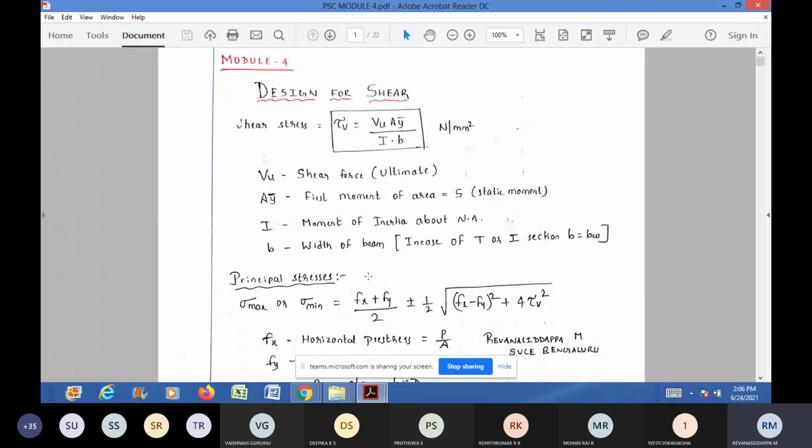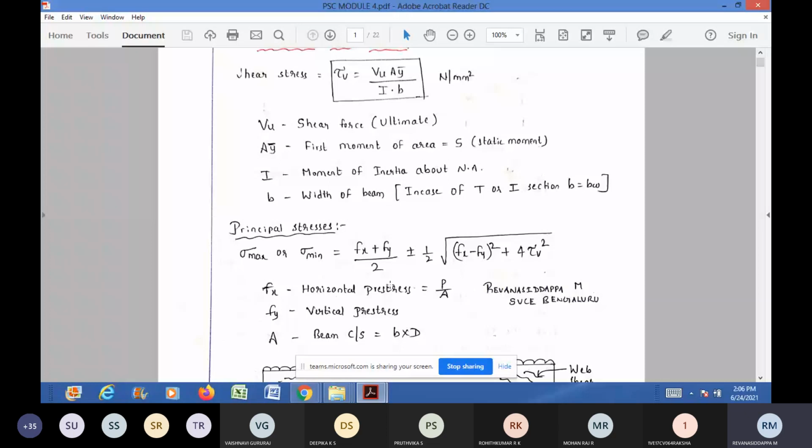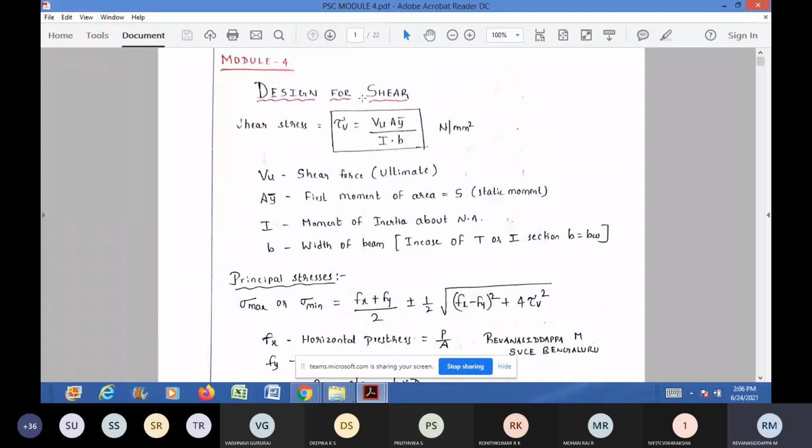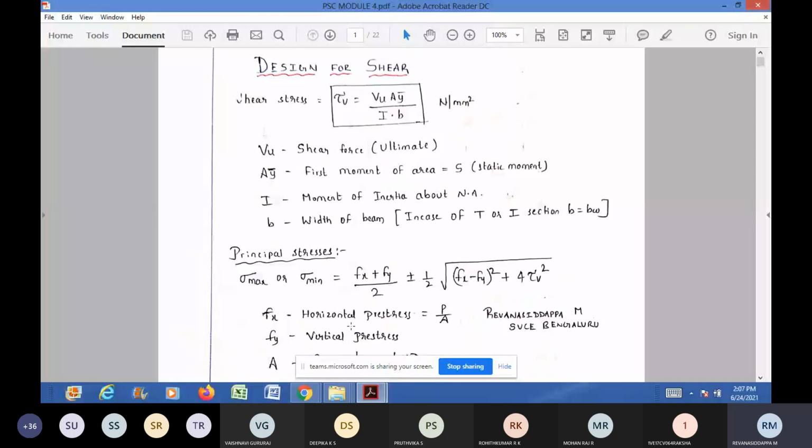For that also there is a formula, that is (fx plus fy) divided by 2 plus or minus half of the root of (fx minus fy) whole square plus 4 into tau v square. Tau v you will be determining by using this formula, and fx means the stress in the horizontal direction, x direction, the horizontal pre-stress, and fy is the vertical pre-stress. You have heard about horizontal pre-stress, but you have not heard about vertical pre-stress.